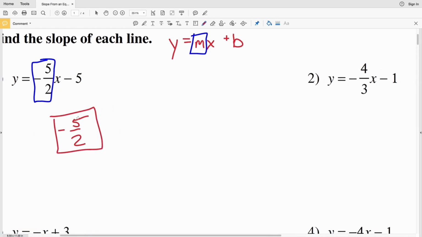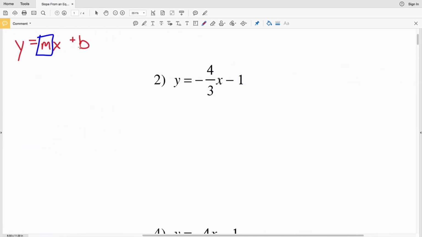Let's go over to number 2. Again, we're using y equals mx plus b, and number 2 is already in that format. So we're locating our m, or our slope, which is negative 4/3. So negative 4/3 is the answer for number 2.